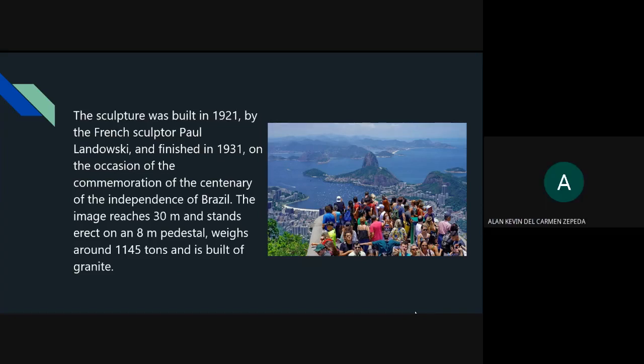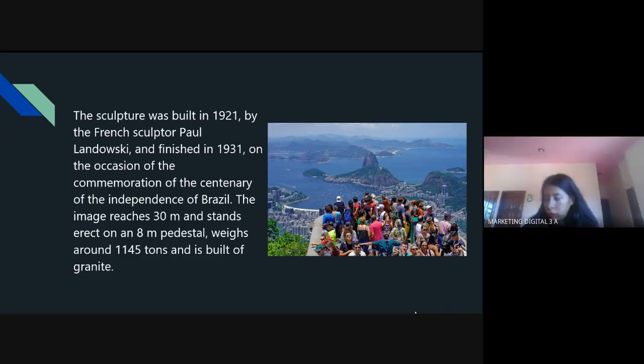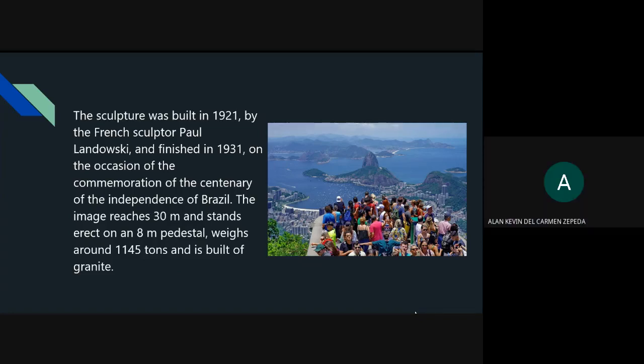The sculpture was bought in 1921 by the French sculptor Paul Landowski and finished in 1931, in commemoration of the centenary of the independence of Brazil.